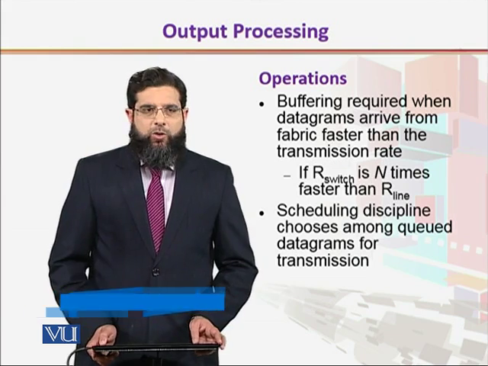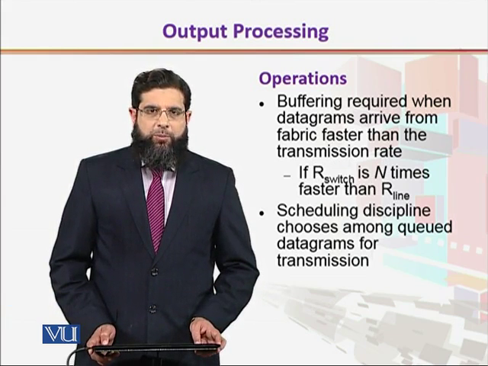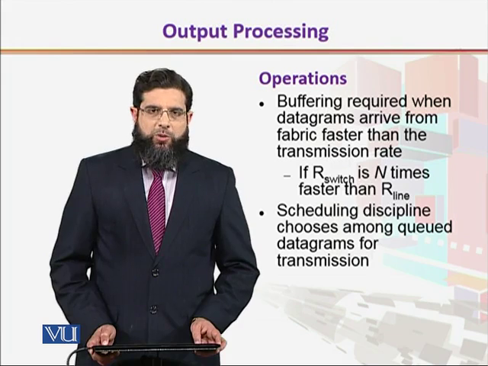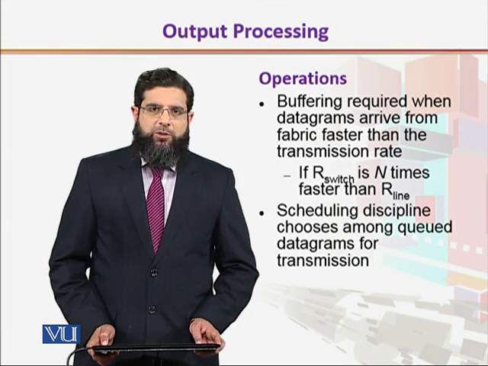This could be a scenario where we are connecting two different networks. The input network is high speed, the router is also high speed, but the output network is slower. This could be when we are sending traffic from an Ethernet network to a point-to-point serial line network.